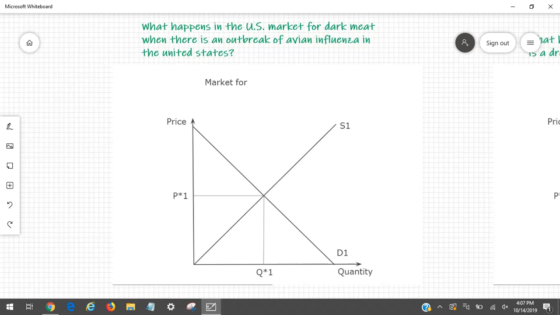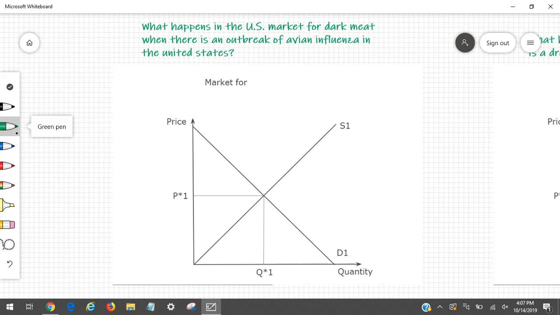Because he said most of our dark meat in the United States gets exported to other countries. But if they think that there's avian influenza, that they have contaminated meat coming from the United States, they're going to decrease their demand for meat from the United States. They don't want our avian influenza contaminated meat.